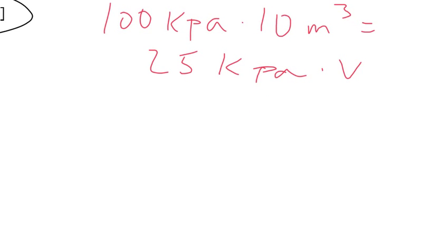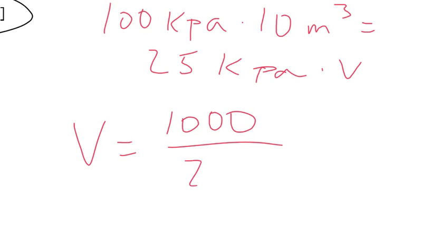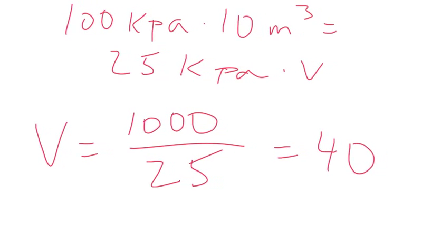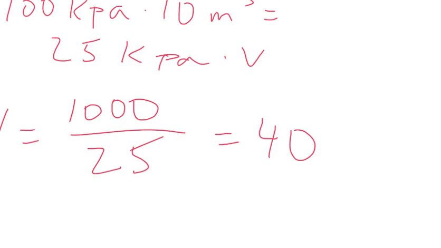Using some simple algebra, volume is equal to 1,000 divided by 25. If you do that in your calculator, you're going to end up with 40. So the new volume is going to be 40 cubic meters.